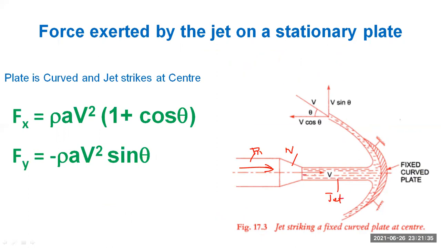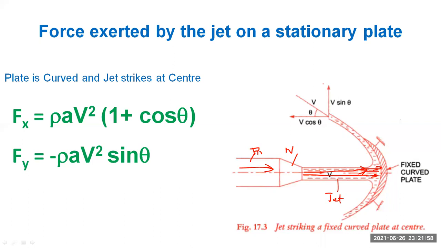The jet of water comes out from the nozzle with the velocity v and strikes the curved plate. Under the curved plate, you have three different cases.